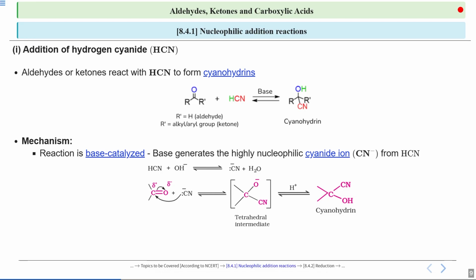Obviously, that will be the carbon of the carbonyl group. The nucleophile targets the carbon in the carbonyl group, which is slightly positive due to the oxygen pulling electrons away. If you see the figure of this carbonyl group, the carbon has a slight positive charge and the oxygen has a slight negative charge.